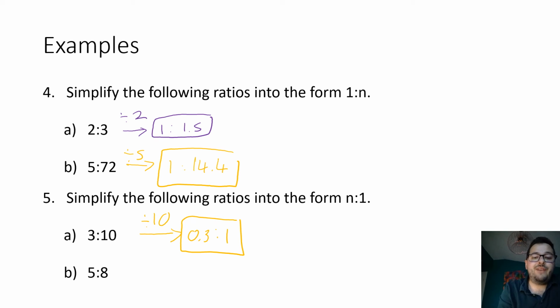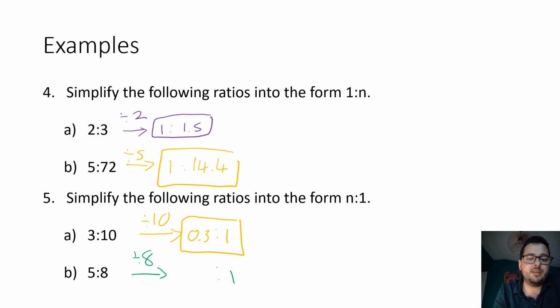And then we're going from 5 to 8. And we want 8 to go to 1. So we divide by 8. And then 5 divided by 8 is going to be, oh blimey, so half it is 2.5. Half again is 1.25. So 6.125, is that right? Or 0.6125, I think.